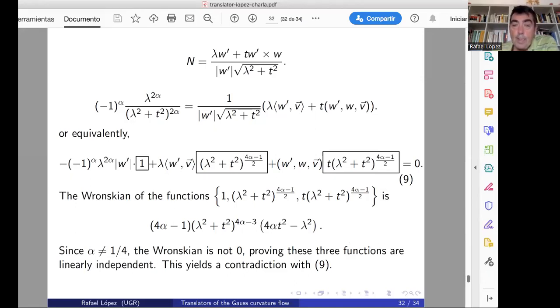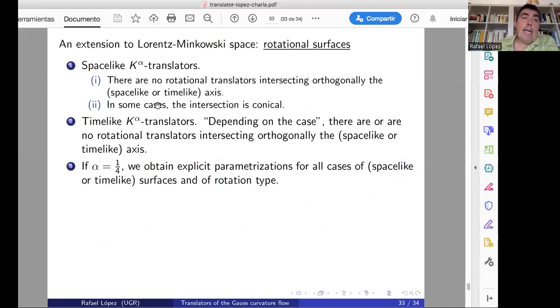And to finish, we consider the same problem in Lorentz-Minkowski space. Probably people like this space. Here there are many types of situations because the surface must be space-like or time-like. Also the speed v depends on this vector.